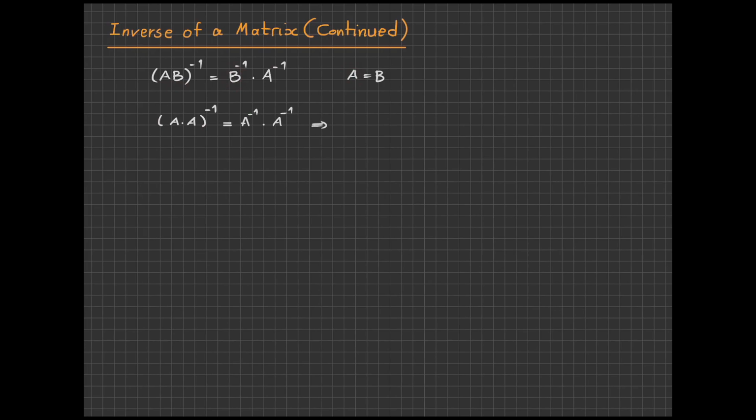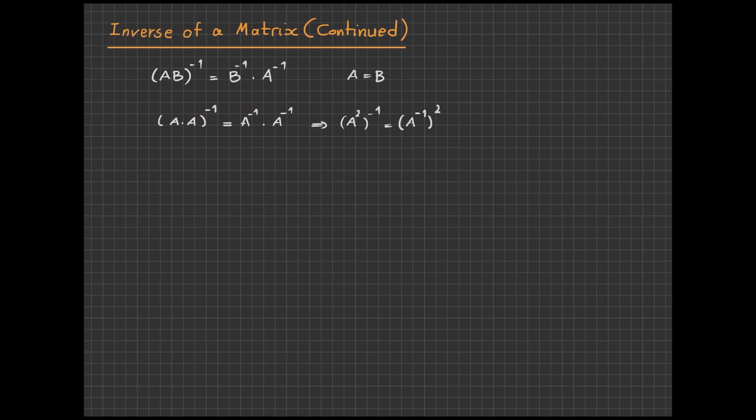A times A is A squared, and I have the inverse of that, so this becomes A squared inverse. And for the right hand side, I have a matrix A inverse which is multiplied by itself, so this is that matrix to power 2.